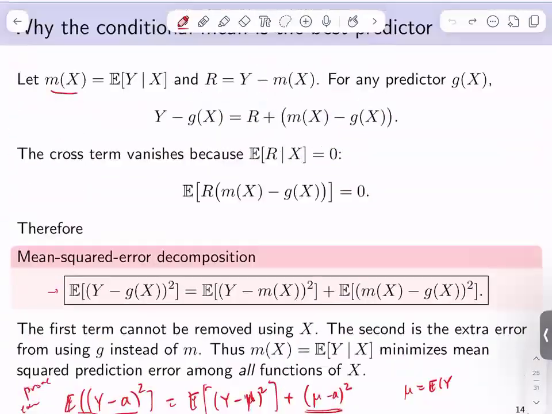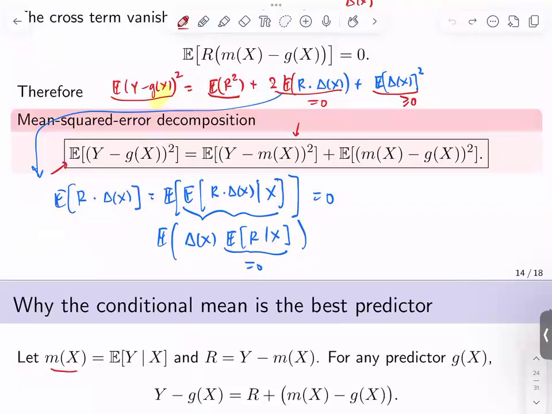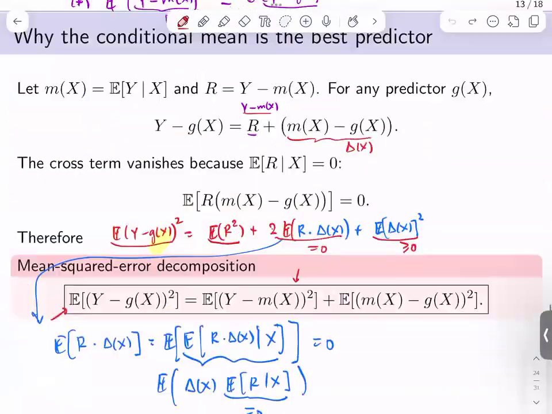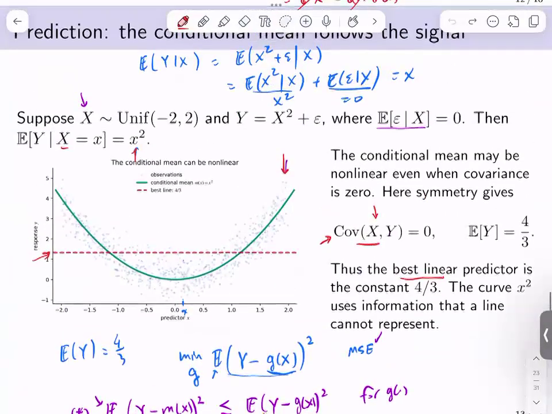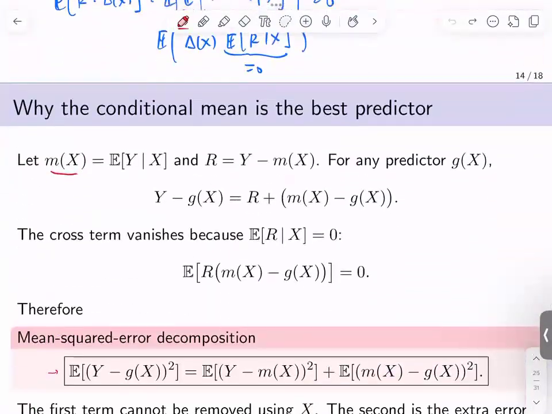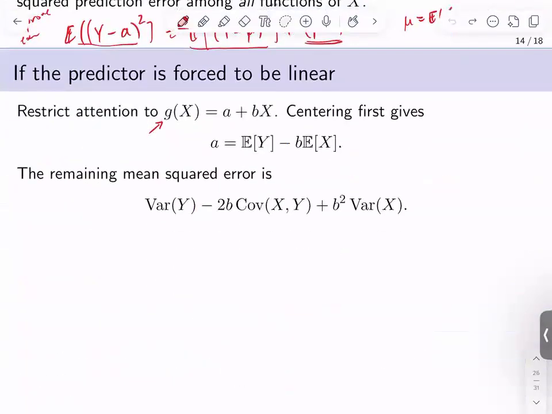So the point is, this is for a general class of g. If I restrict myself to the class of constant functions, I argued last time that that would give you the usual expectation. Another class is a linear class, which subsumes the constant predictor.